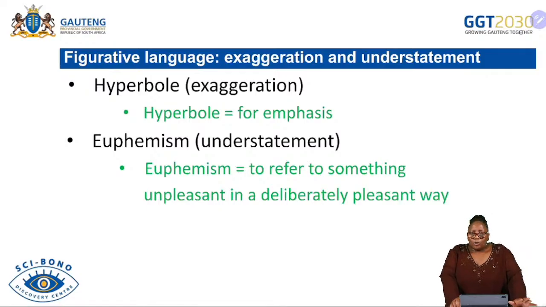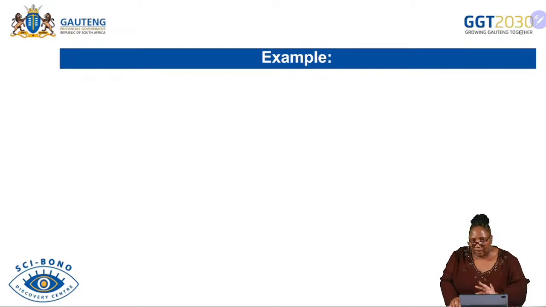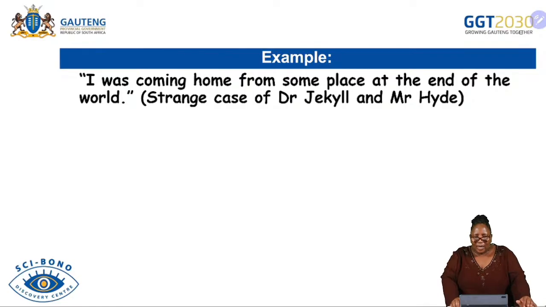You refer to something unpleasant in a deliberate, pleasant way because you don't want to hurt people's feelings, isn't it? You don't want to be that blunt. If you don't want to be blunt, what do you use? You use euphemism.